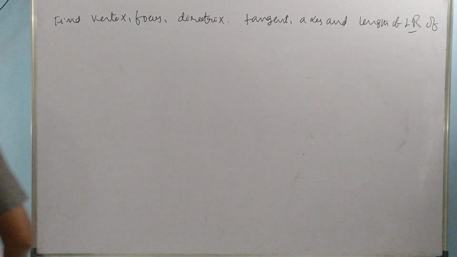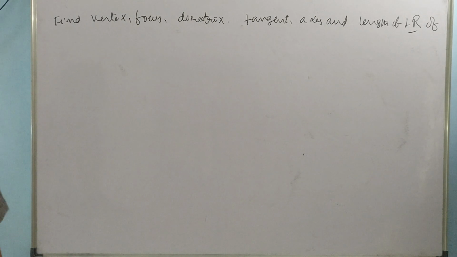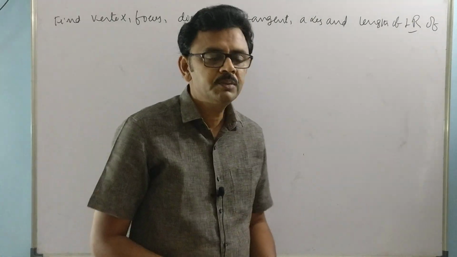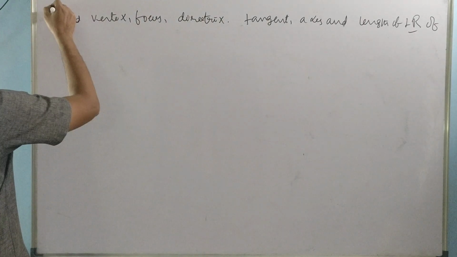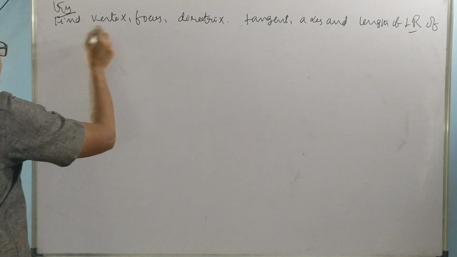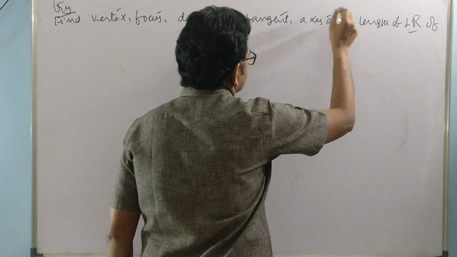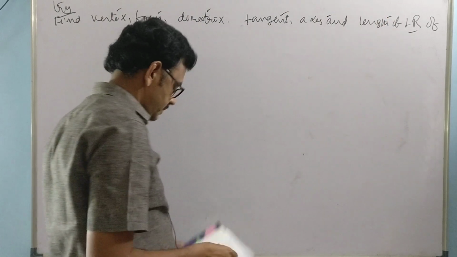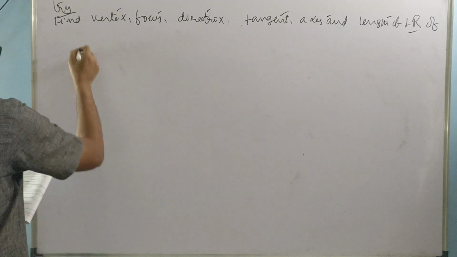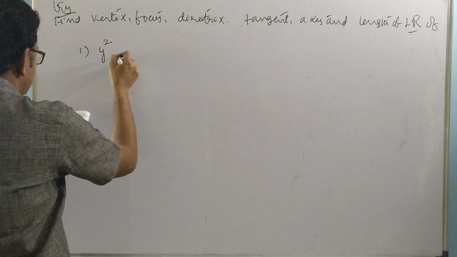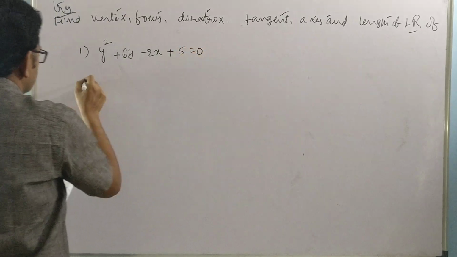Next one, now I will give you some problems based on these two models, you try. Find vertex, focus, directrix, tangent at vertex, equation of axis, length of latus rectum of the parabola. First one, y square plus 6y minus 2x plus 5 equal to 0.